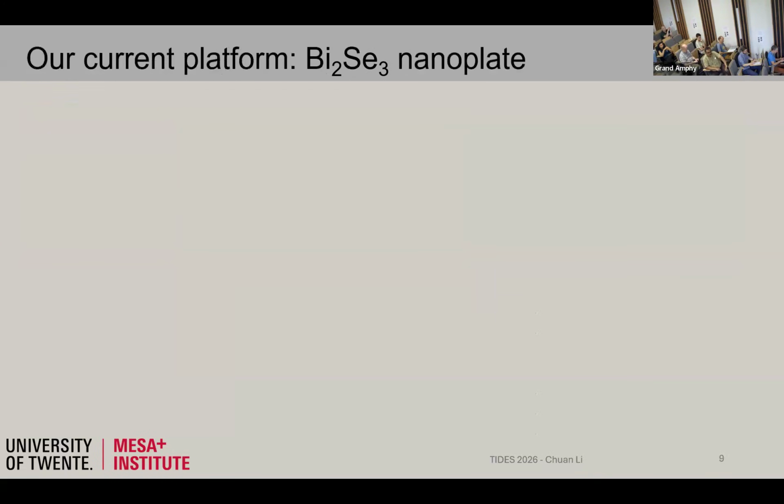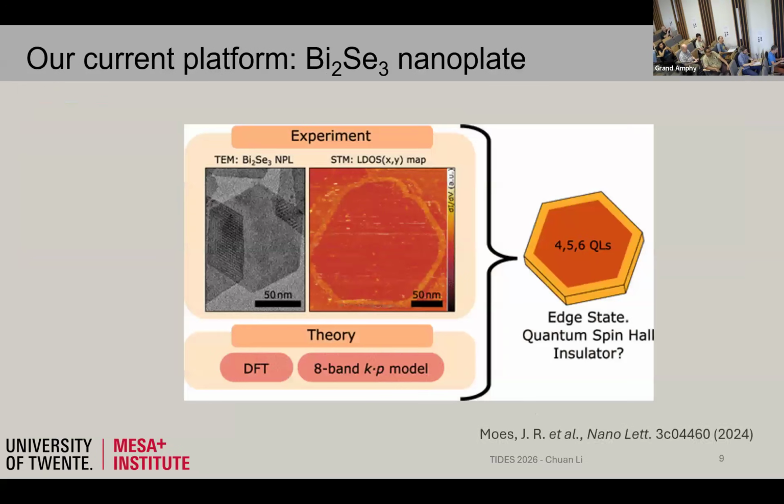So this is one approach, and another one, which is the most relevant for this talk, is that we have a collaborator from Utrecht University, and they managed to grow bismuth selenide nanoplates with a chemical method. Please don't ask me to describe that, I really don't know how that happened.